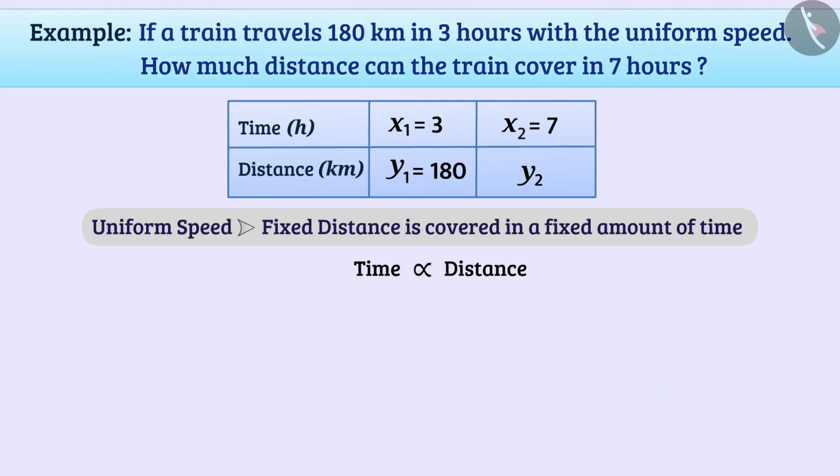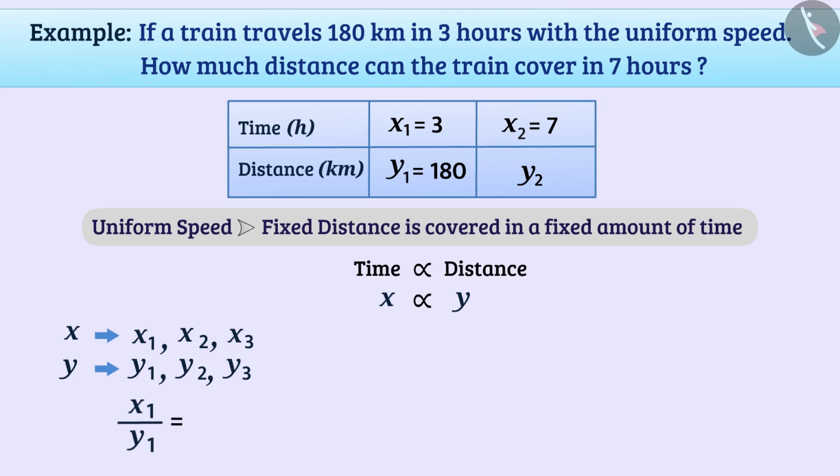In the last video, we learned that if x is directly proportional to y, and if the values of x are x1, x2, x3 and so on, and values of corresponding y are y1, y2, y3 and so on, then x1 by y1 is equal to x2 by y2 is equal to x3 by y3 and so on.